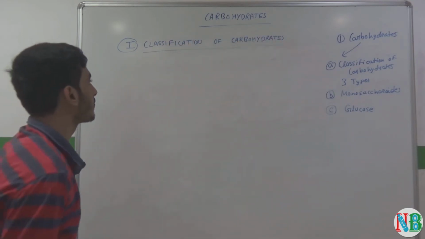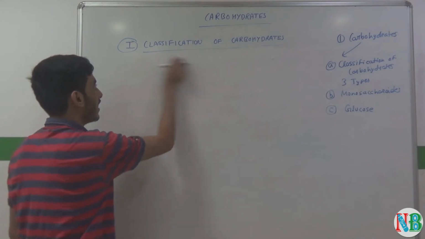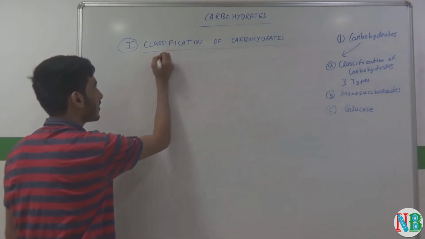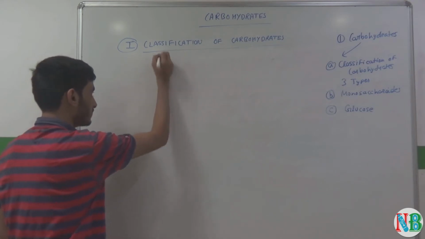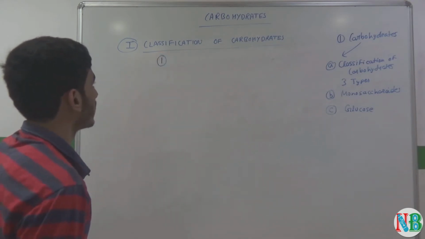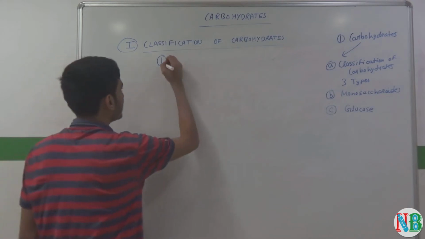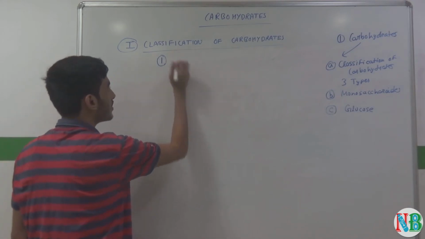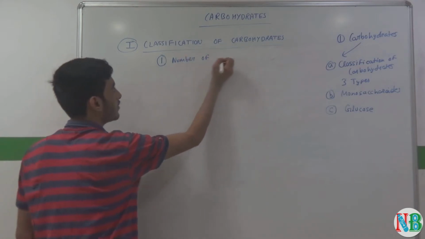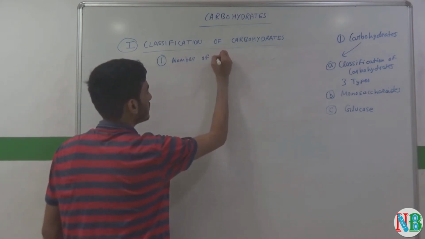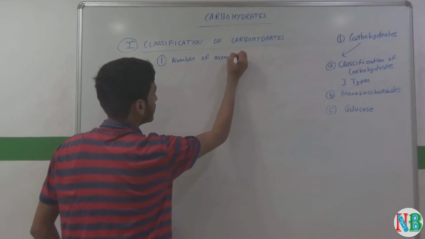Under this section, I'll just write 1. The first one is based on the number of monomers.